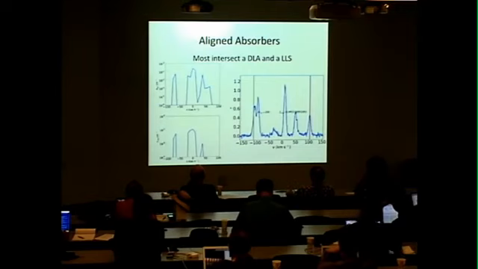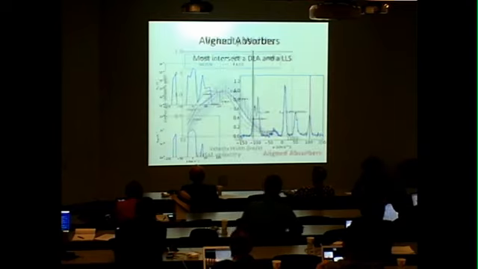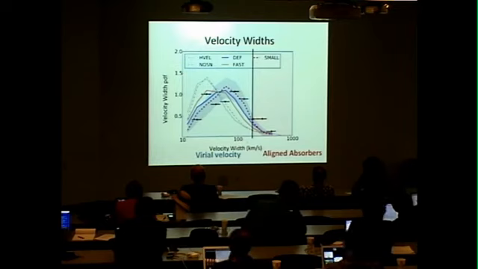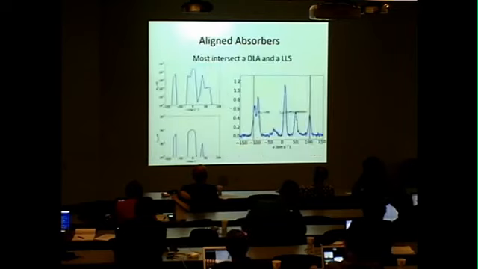This is a spectrum that has been fired through two absorbers. This is the neutral hydrogen density, and this is the silicon density. You can see there's a DLA just here, and here there's a Lyman limit system. This has some metals in it, and this has more metals in it. So that's how we're getting these very large velocity widths: you're firing it through two absorbers, which happen to be connected.